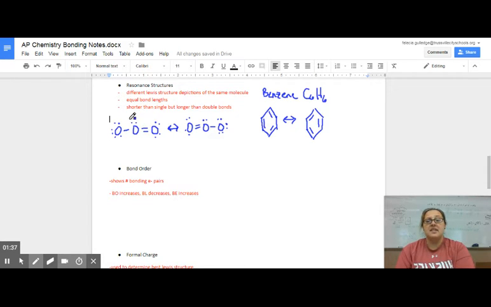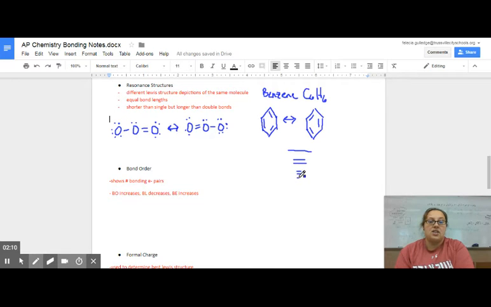Because of that, these two bond lengths there are equal. It doesn't look like they're equal on paper, but they are because of that movement back and forth. And not only are they equal, but they're not quite the length of a single or double bond. If you remember when we talked about bond length, single bonds are the longest. So let me show that to you here. Single bonds are long, double bonds are a little bit shorter, and triple bonds are even shorter.